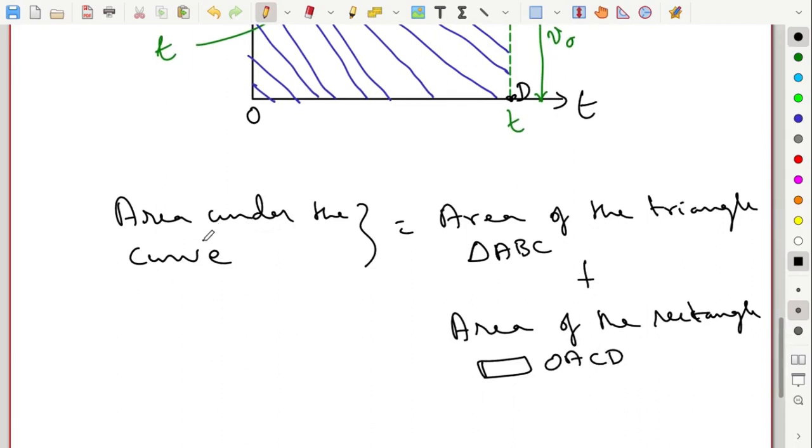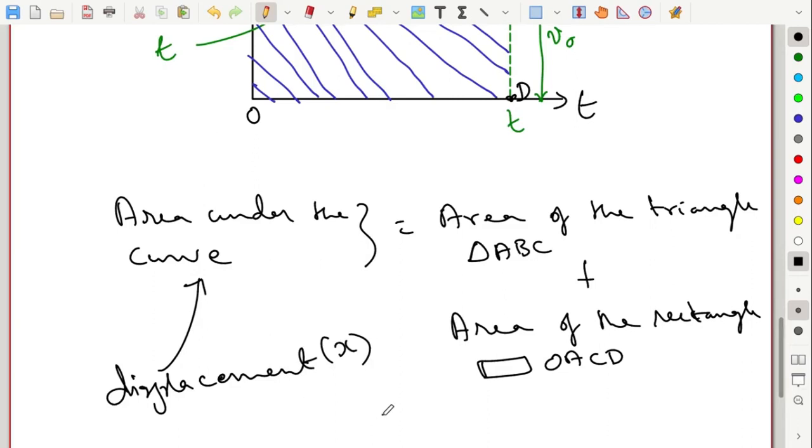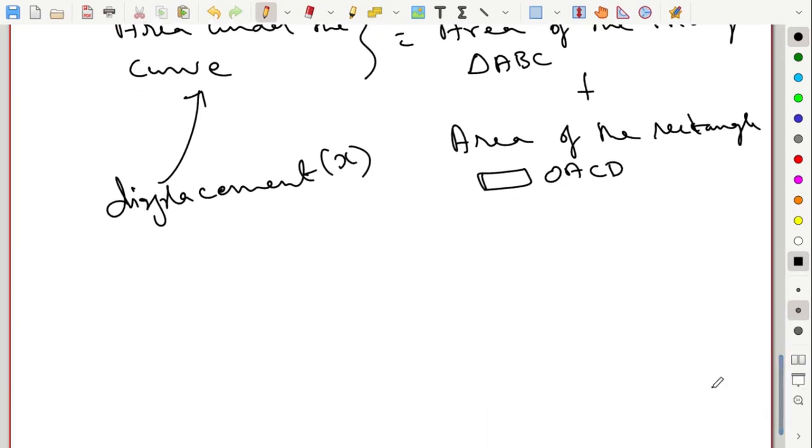So this area is the area under the curve. We have already proved this is nothing but the displacement x. Since we are considering one-dimensional motion, we usually represent the direction in the x direction. So this is the displacement.